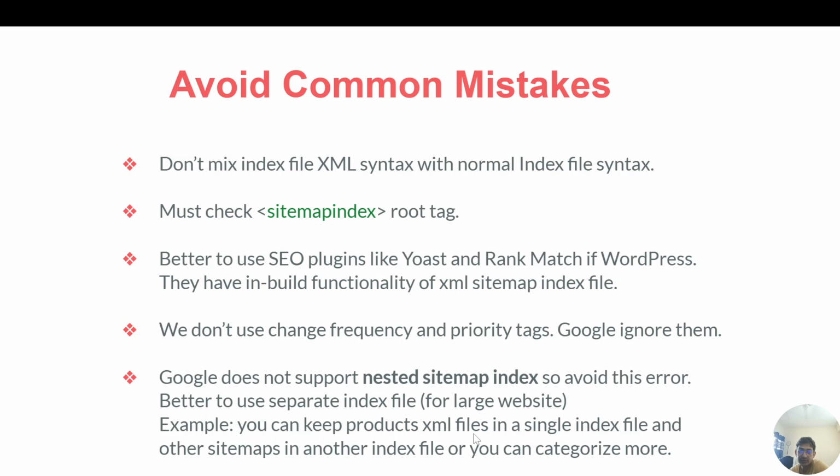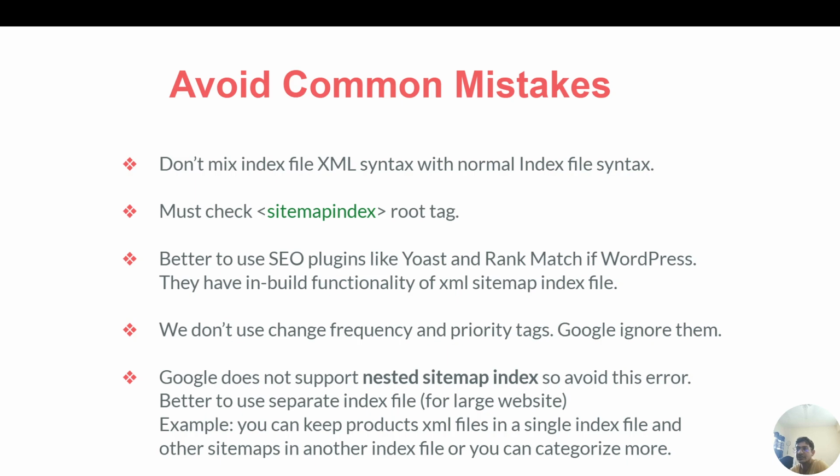Better to use a separate index file for a large website. You can keep product XML files in a single index file and other sitemaps in another index file, or you can categorize more. Suppose you have 50 product XML sitemaps and 50 other, so you can make two index files, it is totally fine.